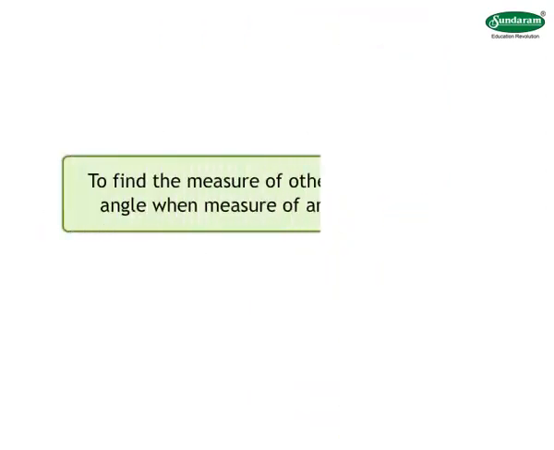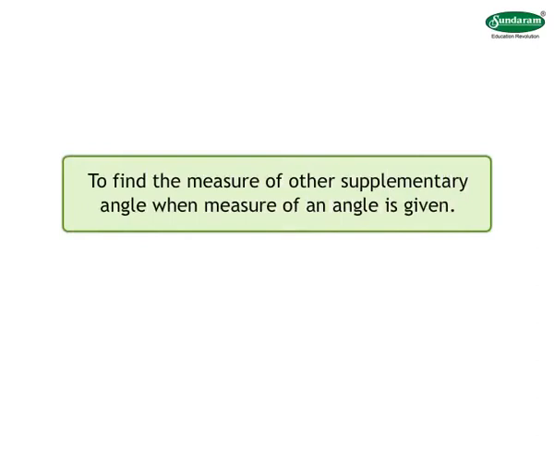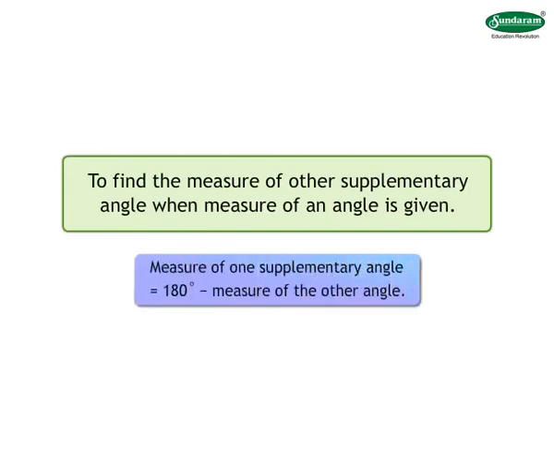If the measure of one of the supplementary angles is given, the measure of the other can be found out with the help of the following formula. Measure of one supplementary angle is equal to 180 degrees minus measure of the other angle.